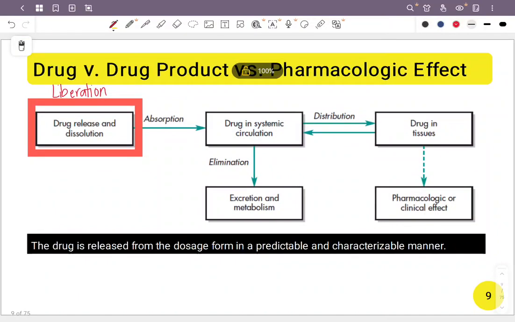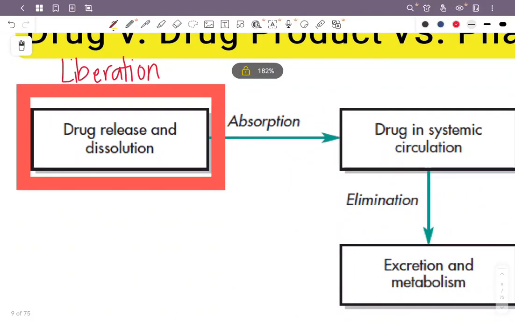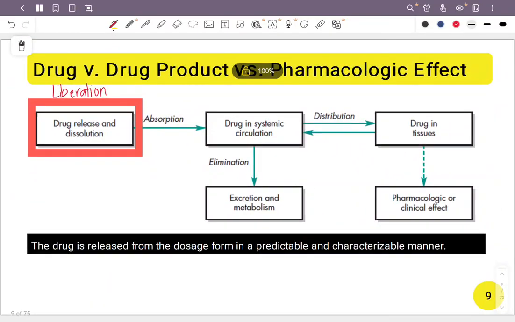So, dapat katong drug nga na-release from drug product, ma-dissolve siya sa atong body fluids. So, again, in liberation, there is a dissolution of our drug after the release. So, mauna siya ang atong liberation, guys, ha.